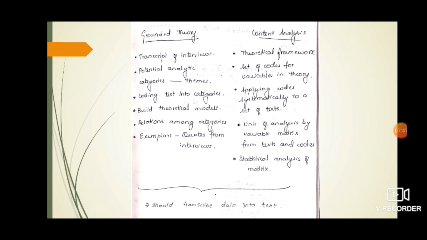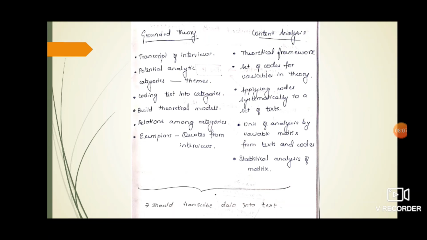In grounded theory, there are potential analytical categories or themes, and there is coding of text into categories. We build theoretical models on it, and relationships among the categories are made. There are also exemplars like quotes from interviews.